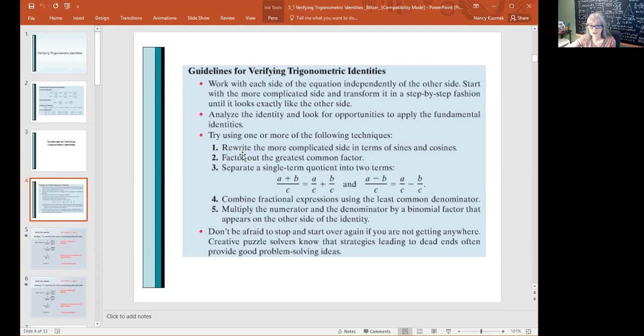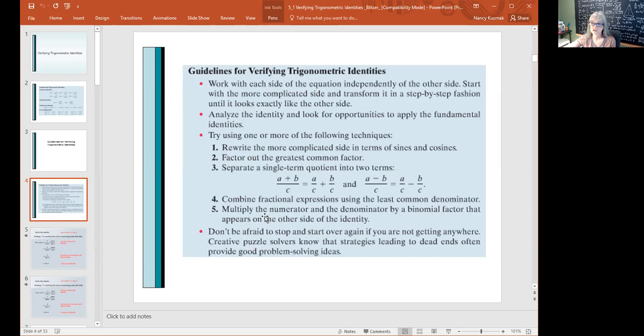We can factor, we can separate terms, we can combine terms, and we can multiply numerators and denominators by things, all right? And this is really important. Sometimes you get on a tangent, and excuse the pun, and you can't get back. So sometimes it's easier to stop and start again.